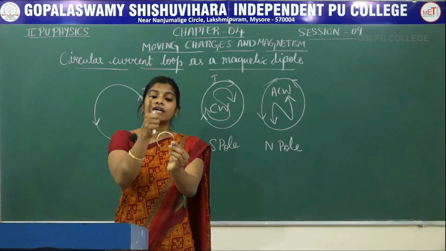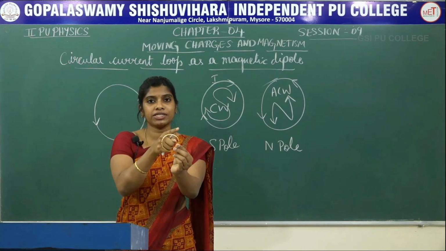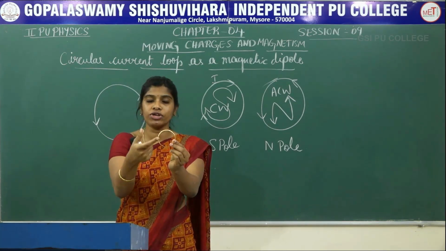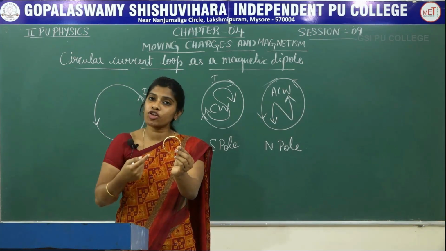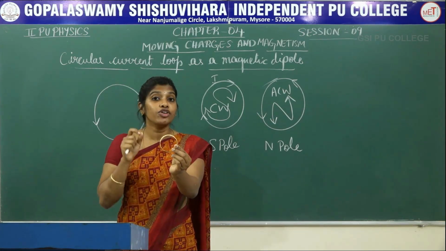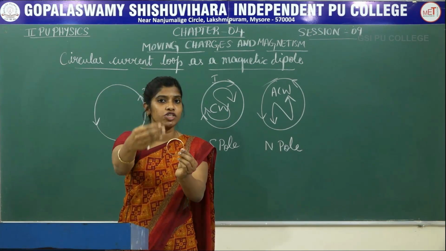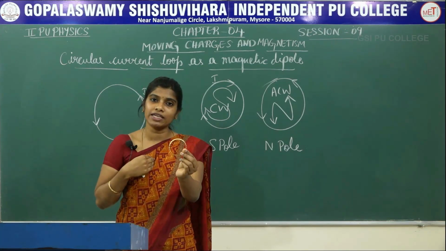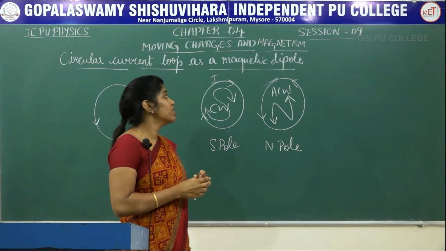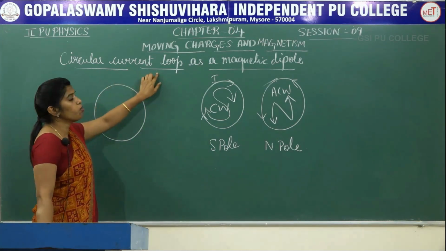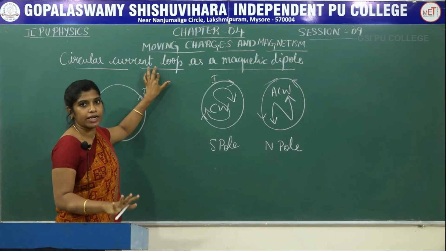That means the clockwise direction represents the south pole of the magnet, whereas the anti-clockwise direction represents the north pole. So for you, the pole which is towards you is south pole, and for me it is north pole. That is how we say that a current loop just acts like a magnet.